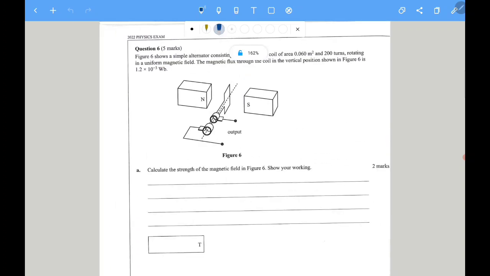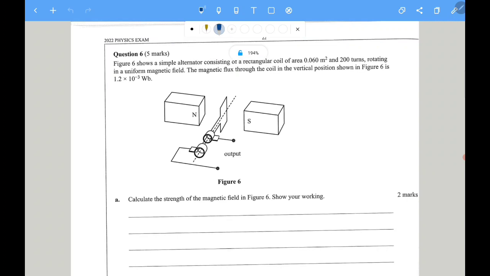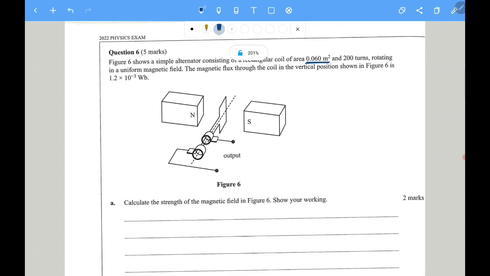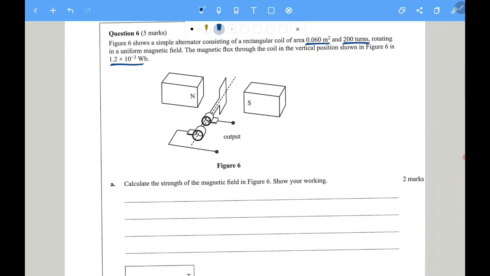So here we're looking at, again, an alternator. A lot of alternators here. A simple alternator with this much area and 200 turns rotating in a uniform magnetic field. The magnetic flux through the coil in the vertical position is shown in figure 6 and is this value.